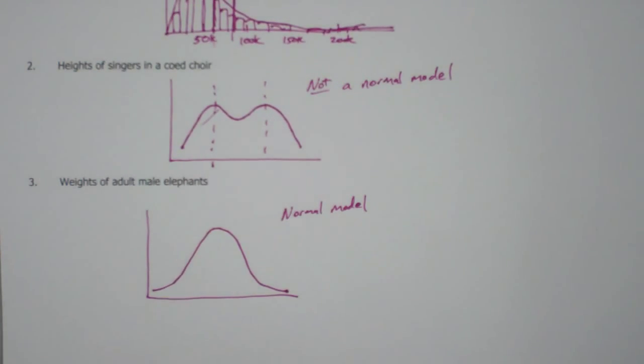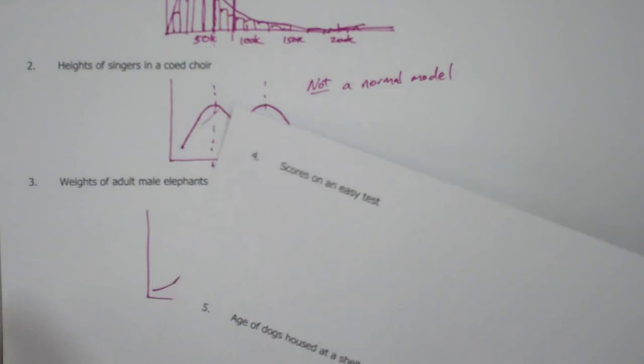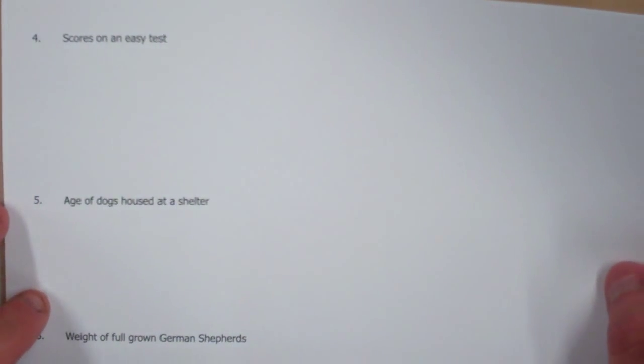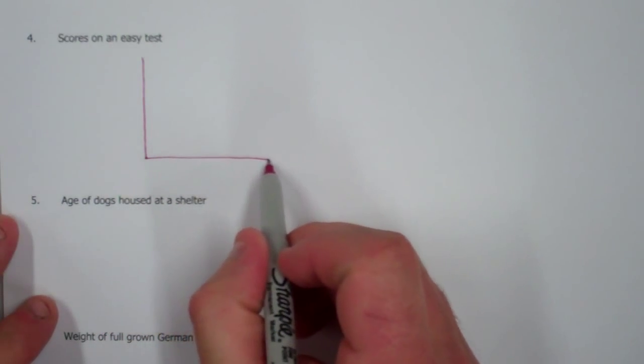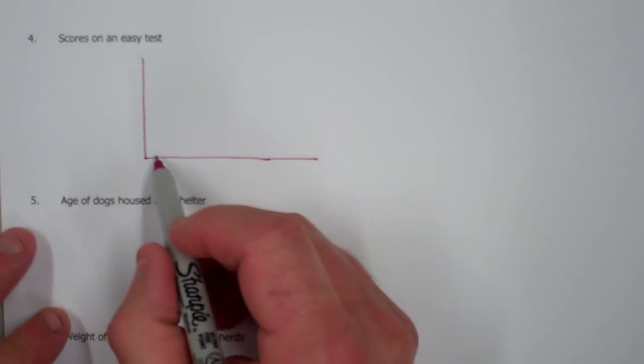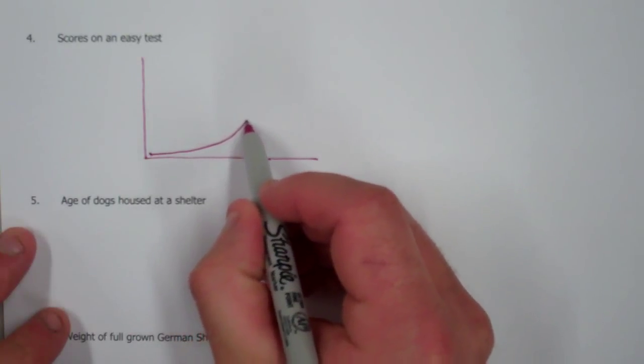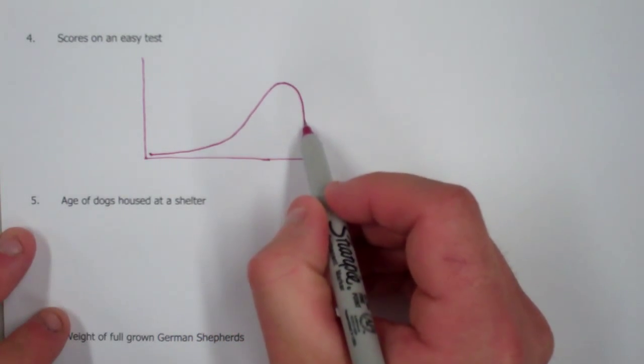We have a few more to do here. We've got just 4, 5, and 6, and you get to come up with one on your own. So let's take a look at this. The scores on an easy test. Well, if it's an easy test, let's think about this. We're probably going to have not too many failures, and we're probably going to have a lot getting a high grade.